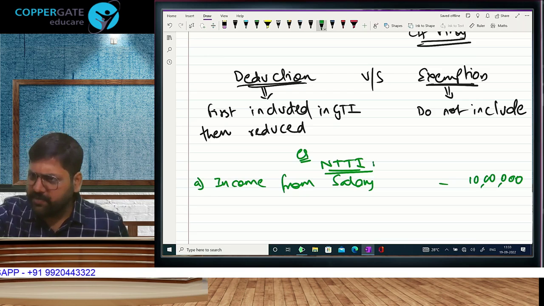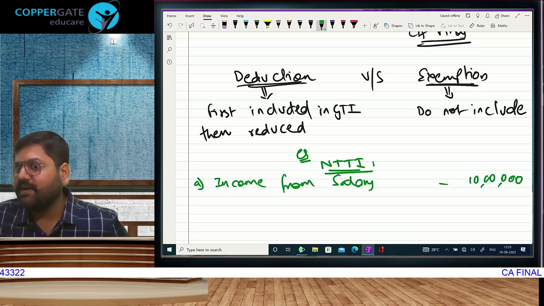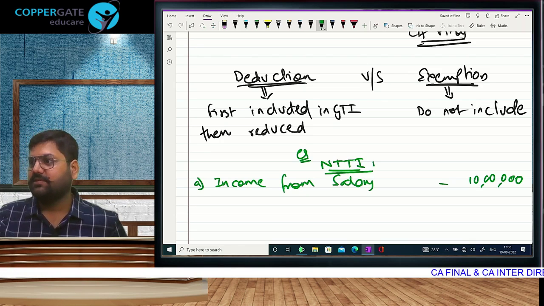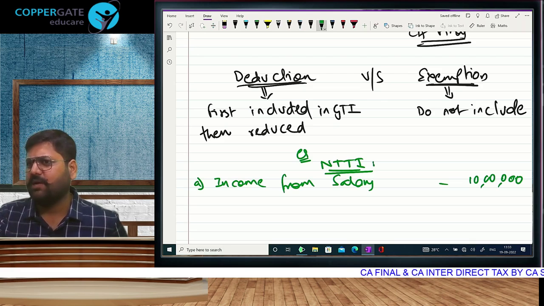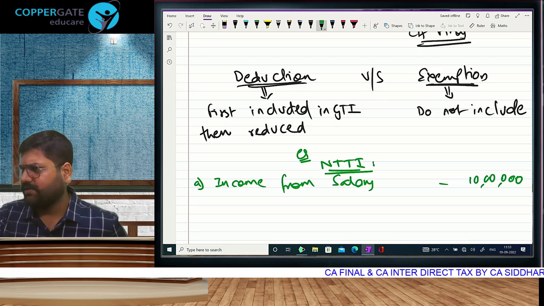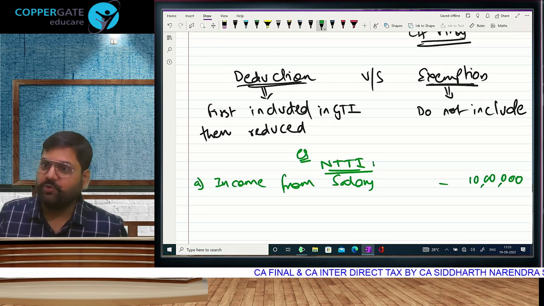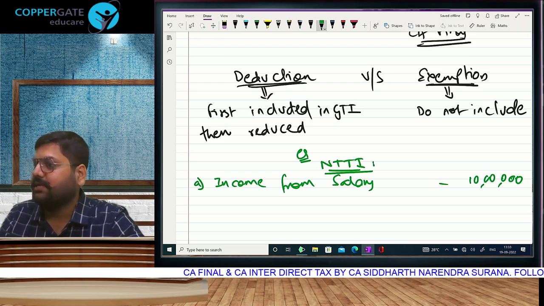Because every person who is having a job, over and above the monthly salary, they get extra benefits. I told you about perquisites and allowances when I was talking about government employees working in a foreign country. Did I? All that has to be included. We have taken care of everything. This is the computed income under salary.